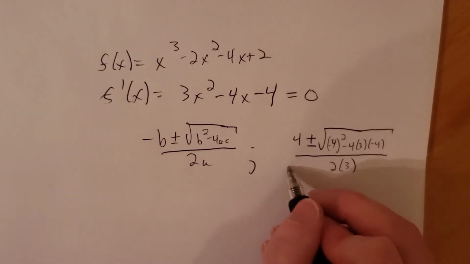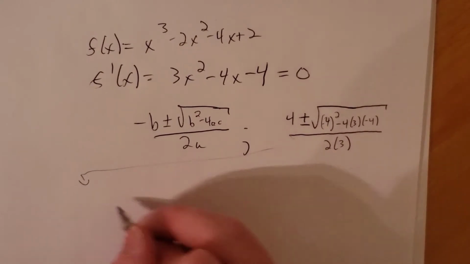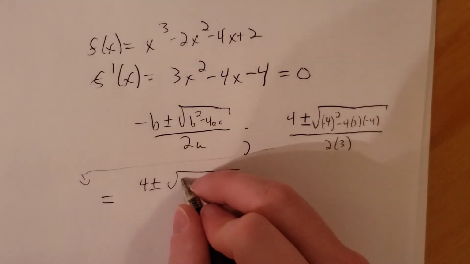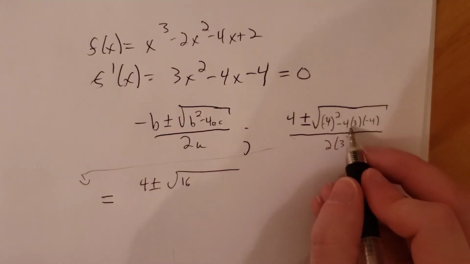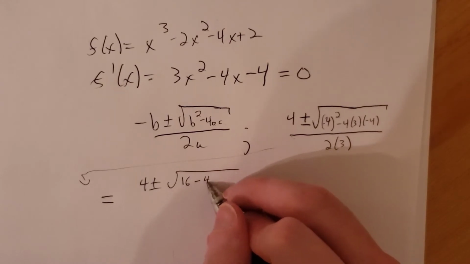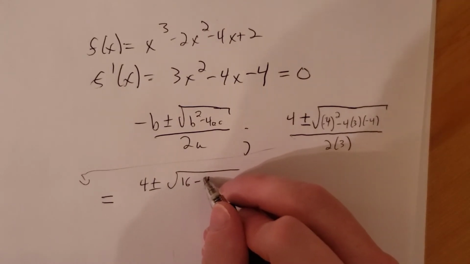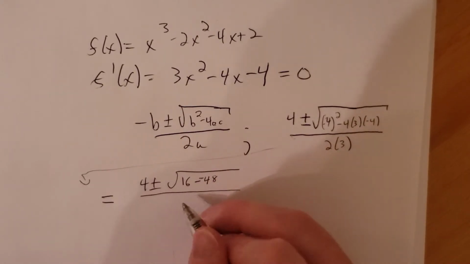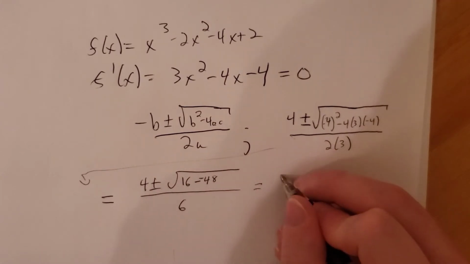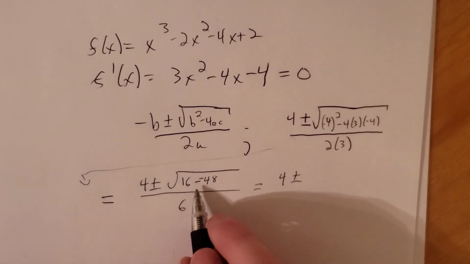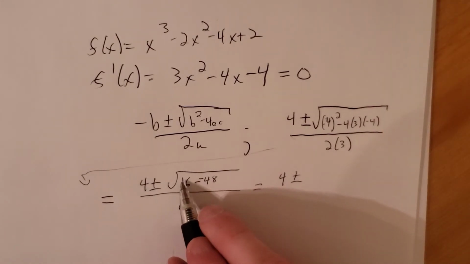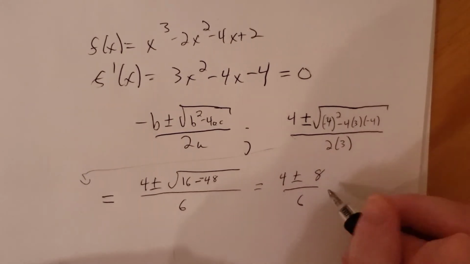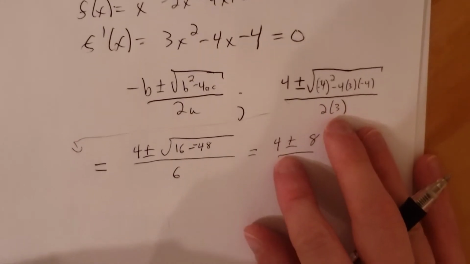All right, well, what does that equal? This is 4 plus or minus the square root of, let's see, we have 16 minus negative 48 all over 6. So this is equal to 4 plus or minus 16 minus negative 48 is 64. So the square root of that is 8 all over 6. So we get 4 plus 8 over 6 is 2.